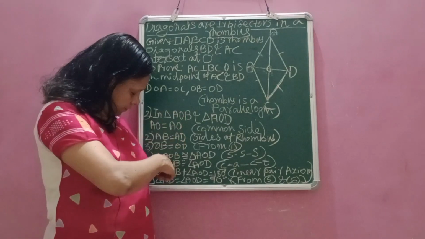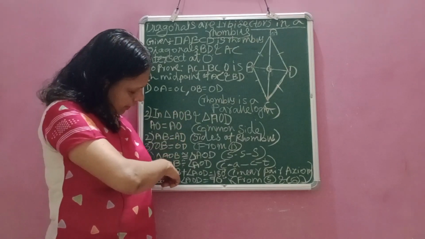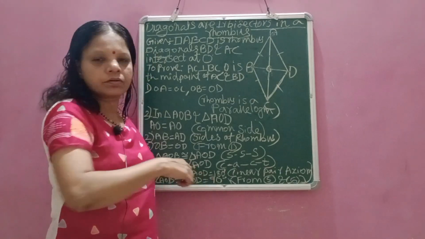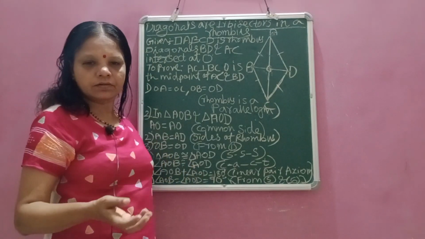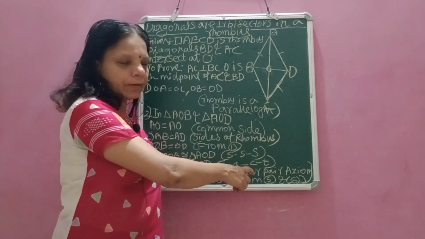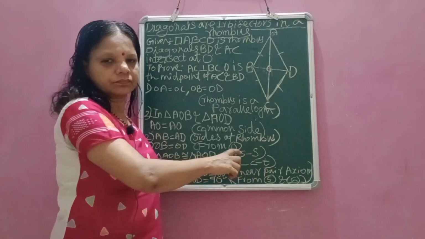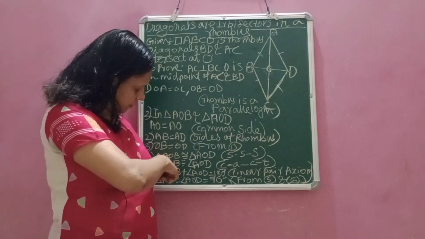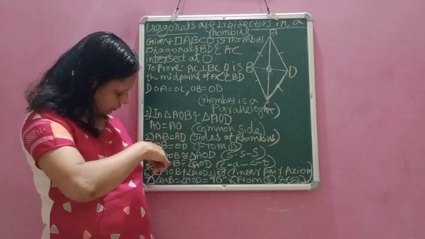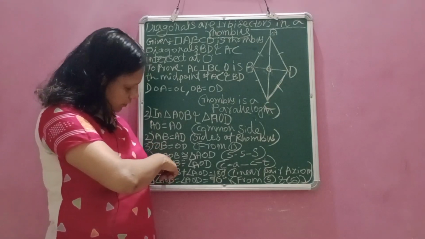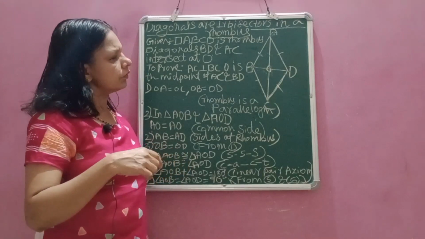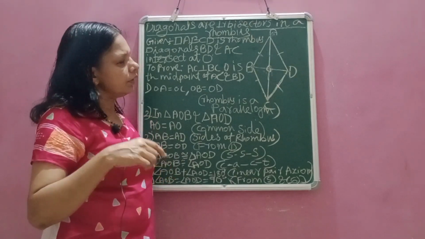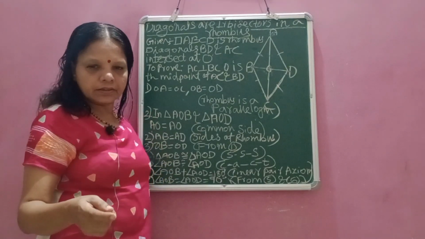So, what is the next statement? Angle AOB plus angle AOD equal to 180 degrees. What reason will you write? By linear pair axiom. So, from these two statements, what will you get? That is, AOB equal to AOD and AOB plus AOD equal to 180 degrees.